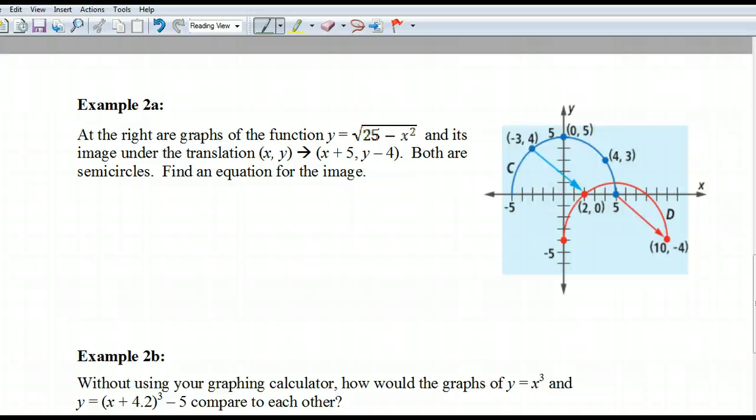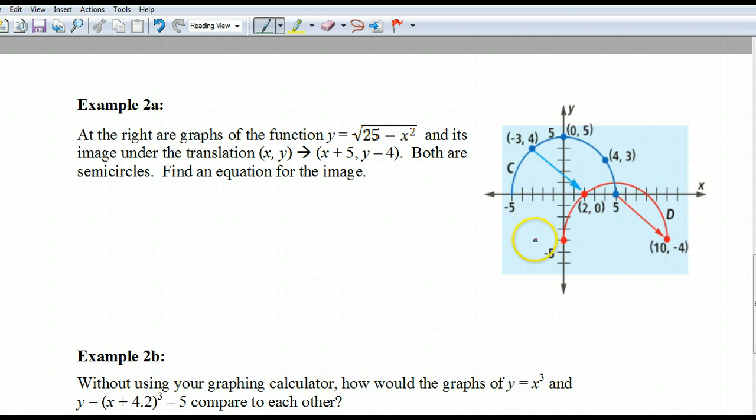Okay, so on this graph, we have a circle, or a part of a circle, not a whole circle. At the right are graphs of the function y equals square root of 25 minus x squared, and its image under the translation (x plus 5, y minus 4). That's the rule.